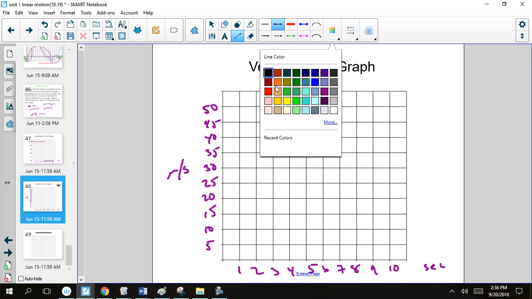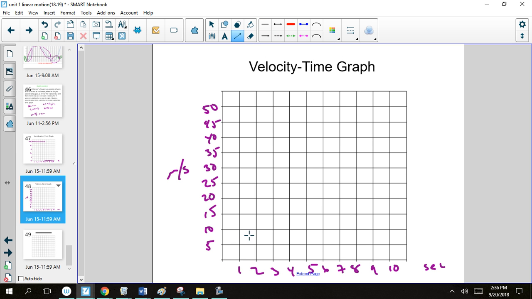It means terrible in my book. There we go. So after 6 seconds, we went up to 30 meters per second. So this slope ends up being our acceleration, which is our 5 meters per second squared. Excellent. Rise over run. Who can complain? But then, we're at a constant velocity for the last 4 seconds. So there's our constant velocity graph.